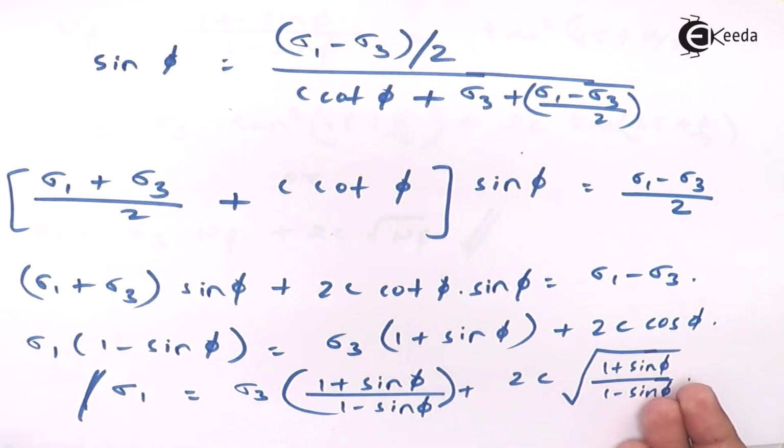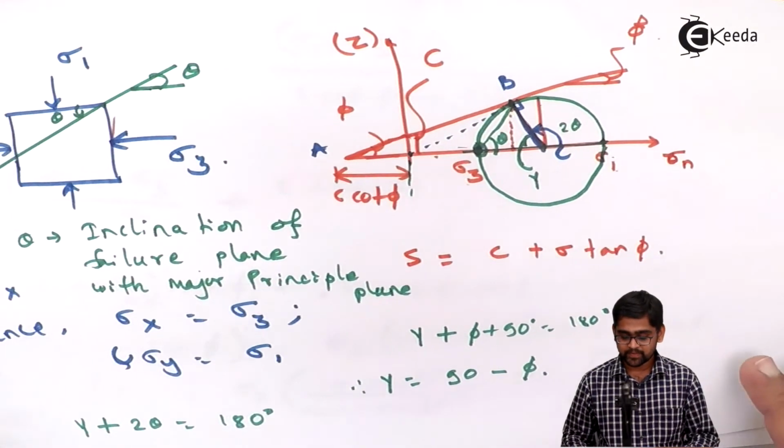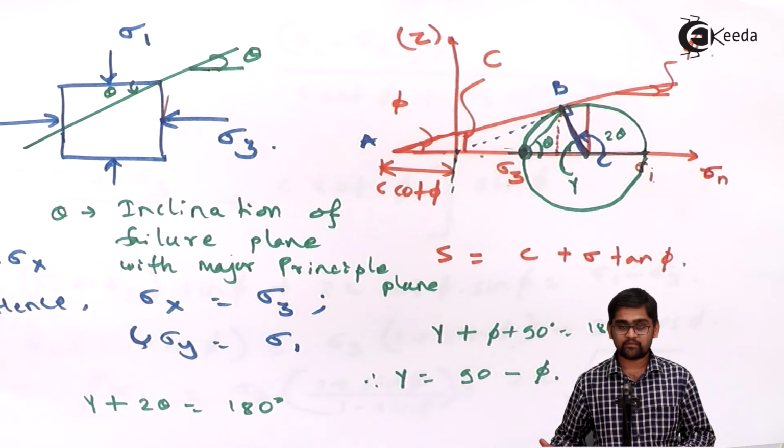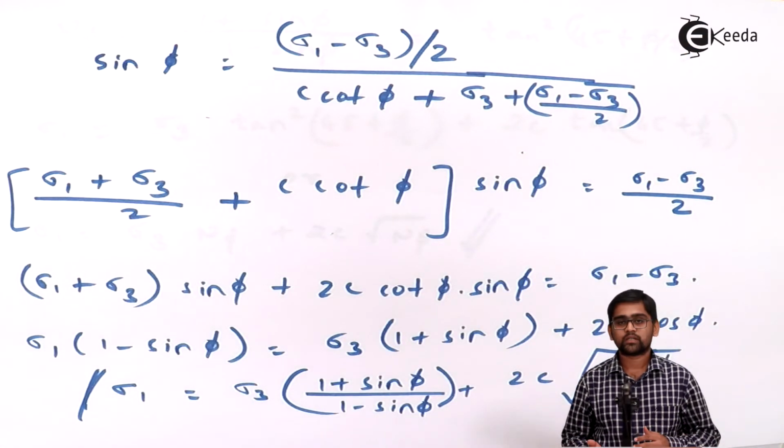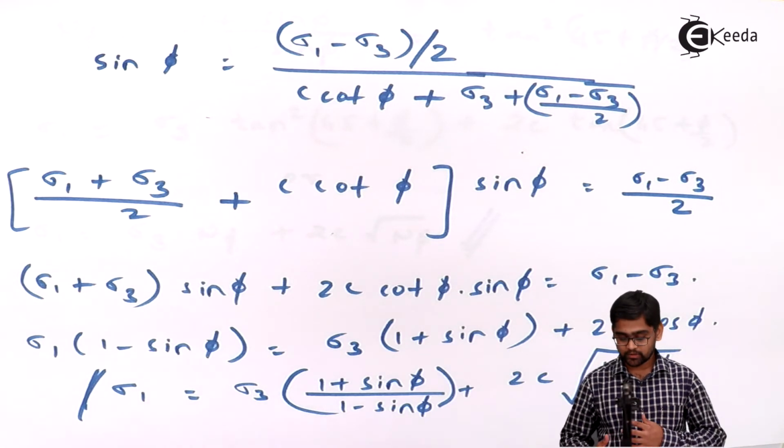If it is less, then you can calculate the margin of factor of safety that the soil will have.